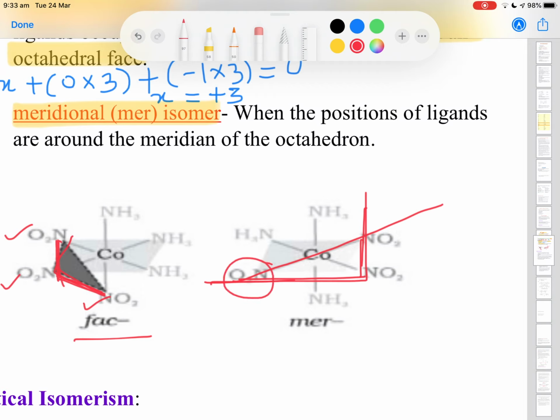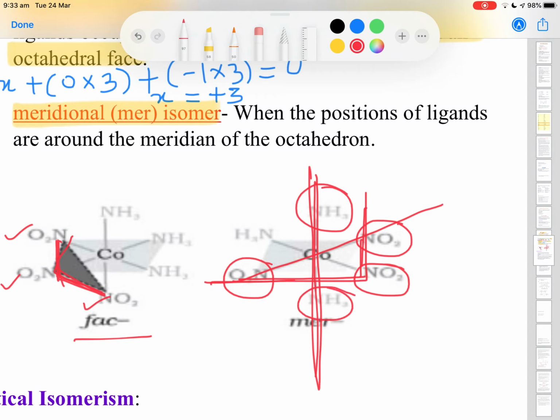So here nitrito, nitrito, nitrito, whereas here you can see again the same ligands, that's amine. Here I think I can make it darker for you. This is NH3 here. Here also you have NH3 and here also you have NH3. Whereas this is NO2 for you.